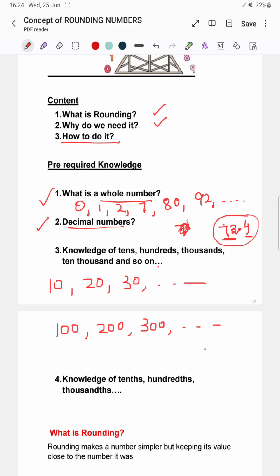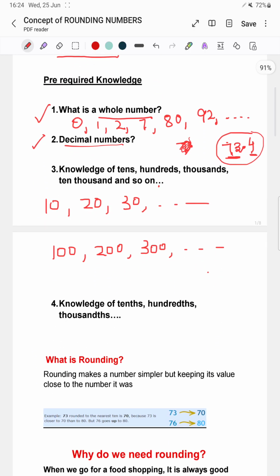Okay. Then we should also have the knowledge of tenths, hundredths and thousandths. This part is required for year 4 and onwards. It's not tens, it's tenths. It is showing the fractions like 1/10 or 2/10 or 3/10, or we can say it is like 0.1, 0.2 and so on.